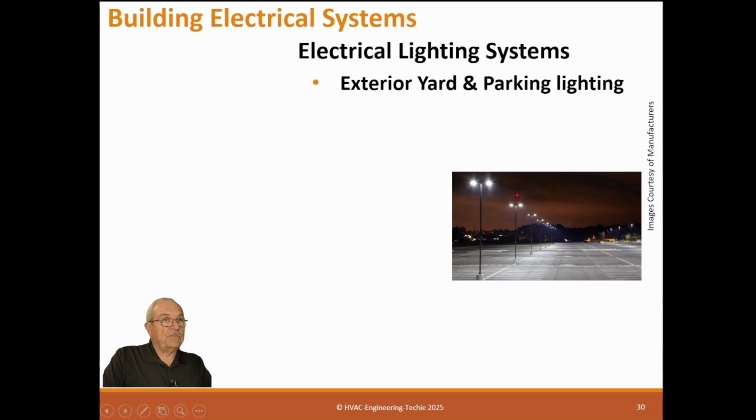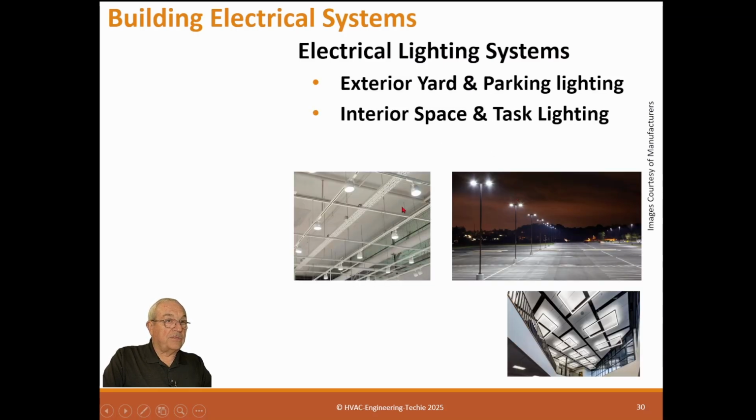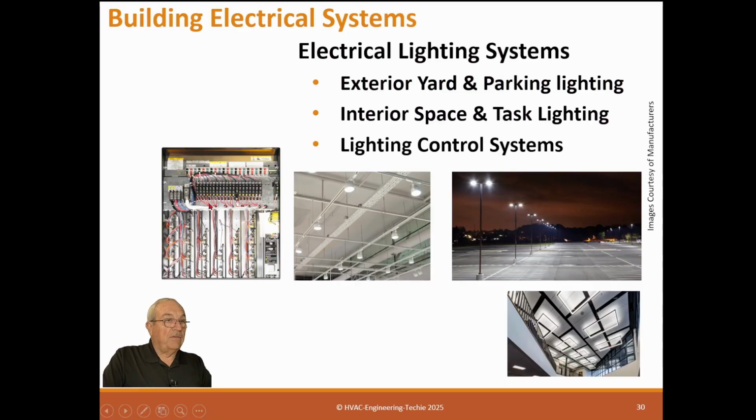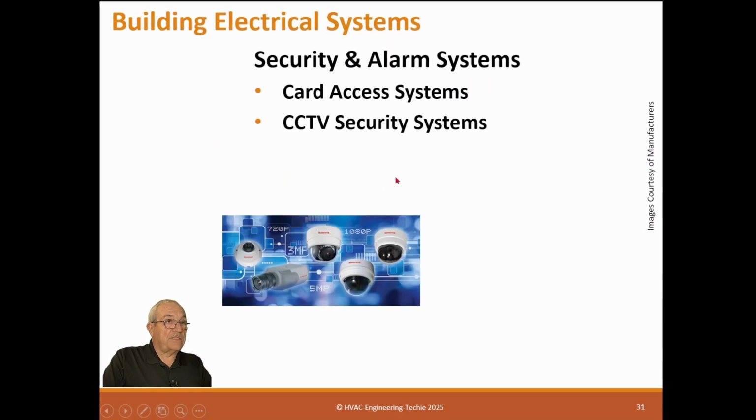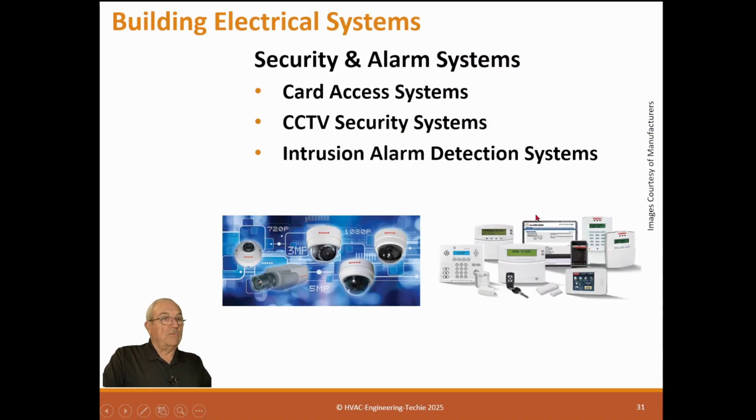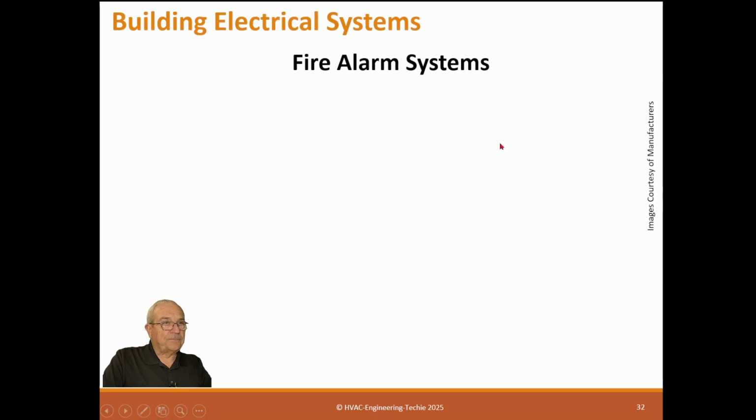Electrical lighting systems, exterior yard parking lighting, so we have lighting for areas, have high bay lights and interior building lighting. We have lighting control systems that control these different lights. Those are different kinds of lighting systems within a building. Security alarm systems, card access, CCTV, which is camera systems, intrusion alarm, burglar alarms, asset protection systems, which protect real critical equipment.